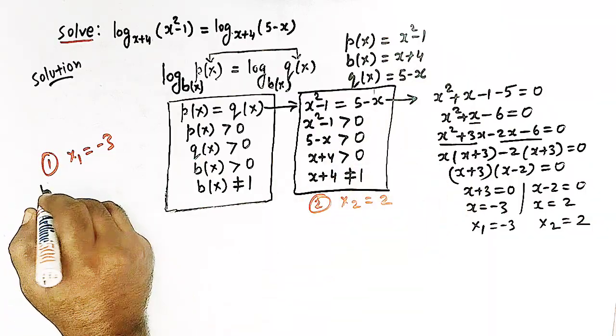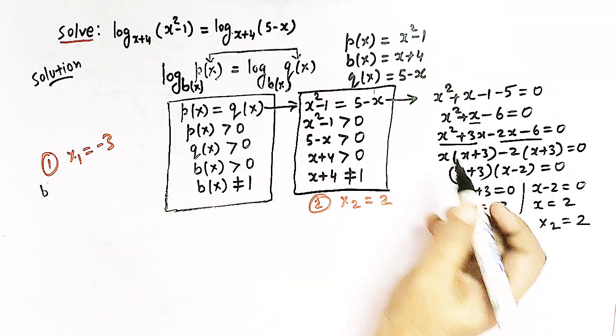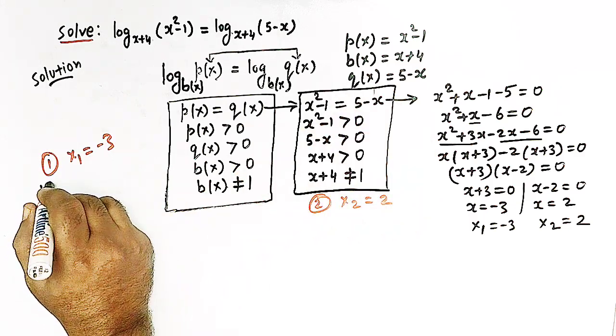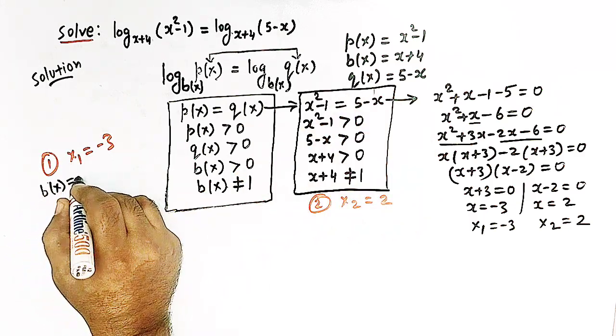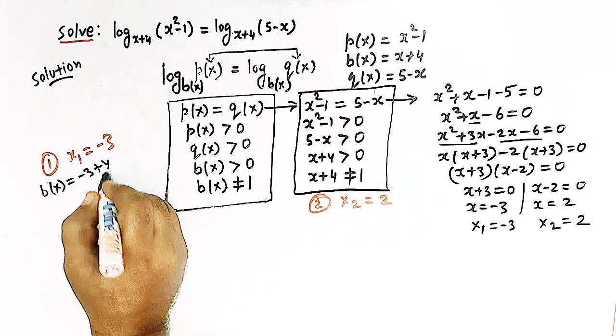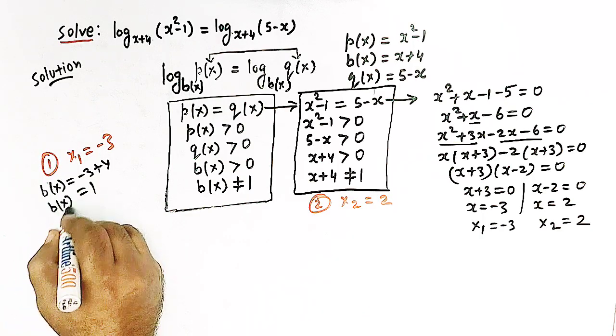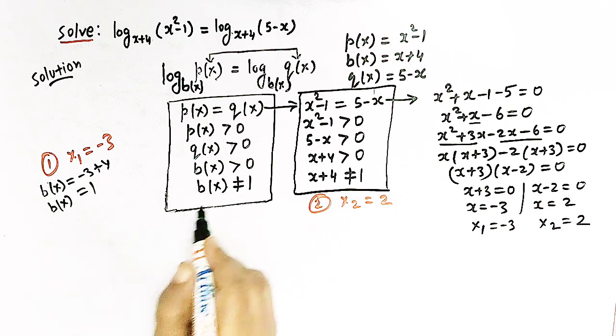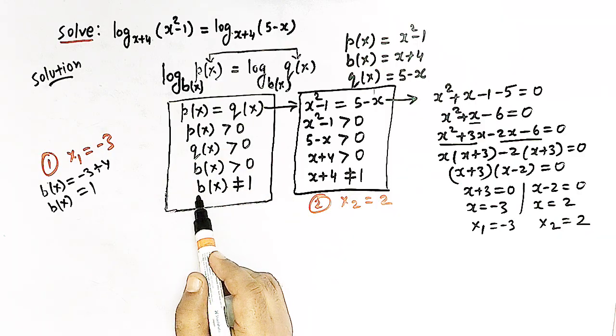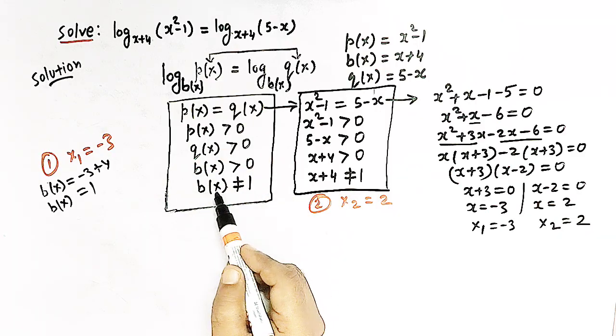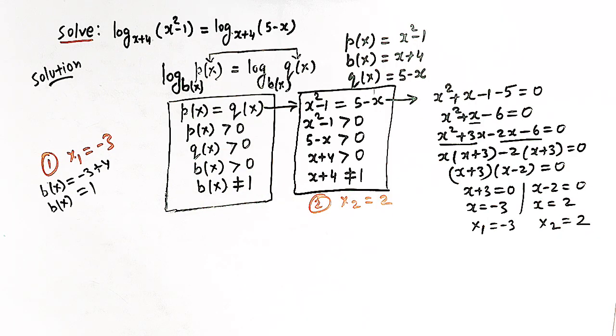So when we take x is equal to minus 3 in this expression, b of x, we have minus 3 plus 4, that is equal to 1. So here we get b of x is equal to 1, but we have here imposed the condition that b of x should not be equal to 1.